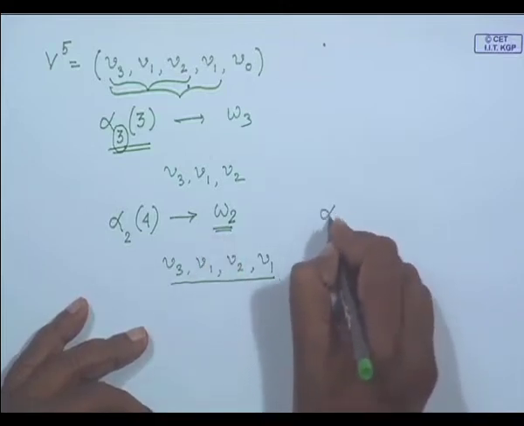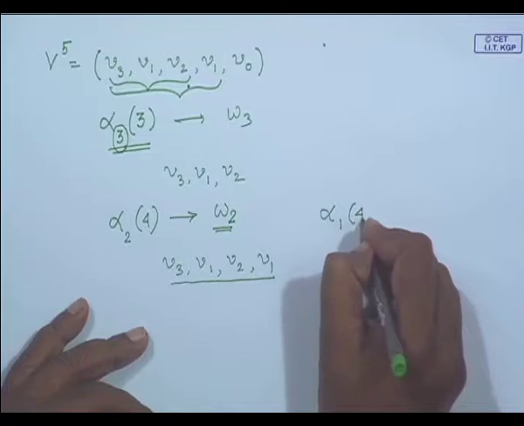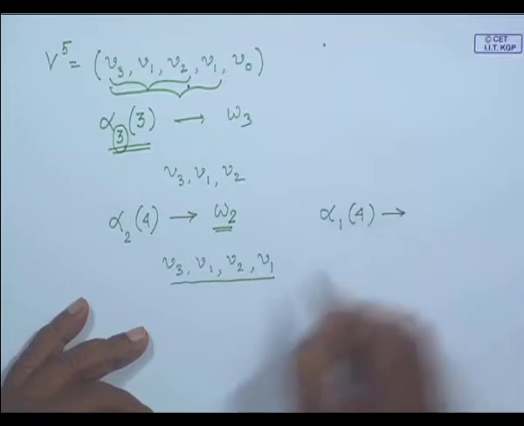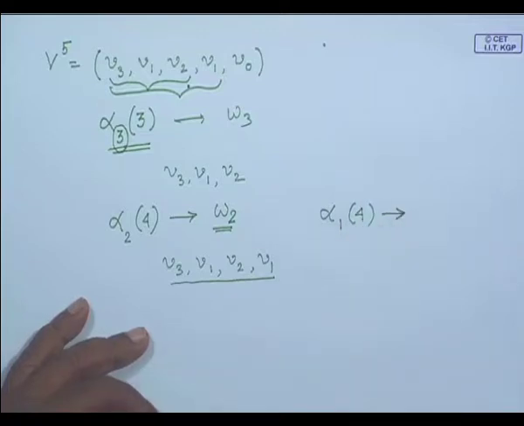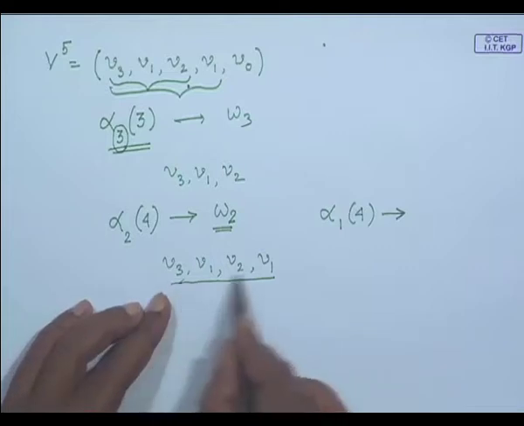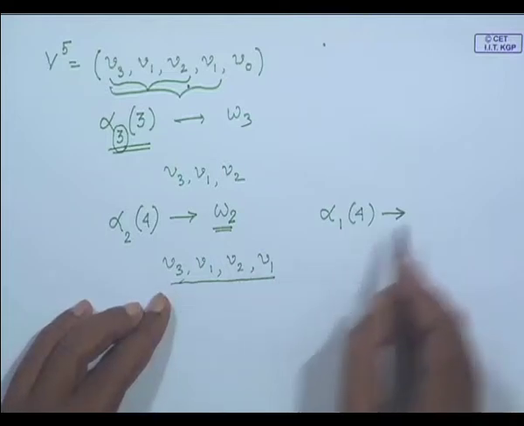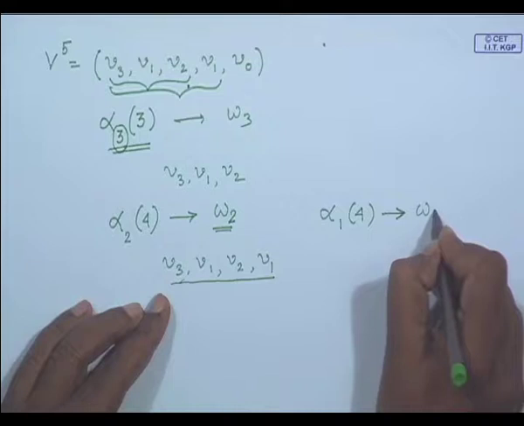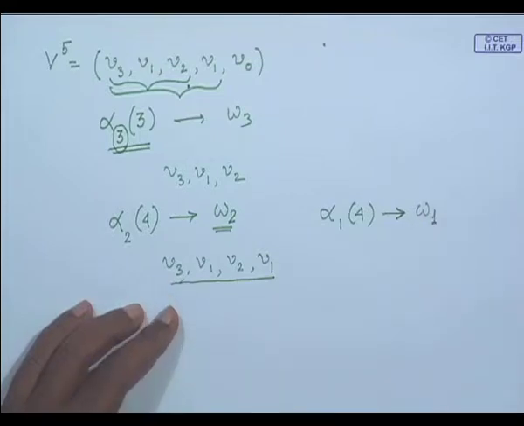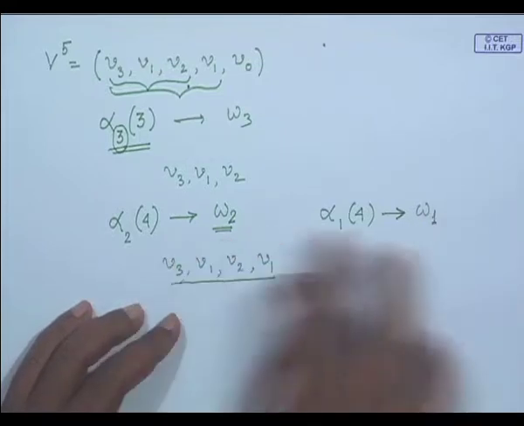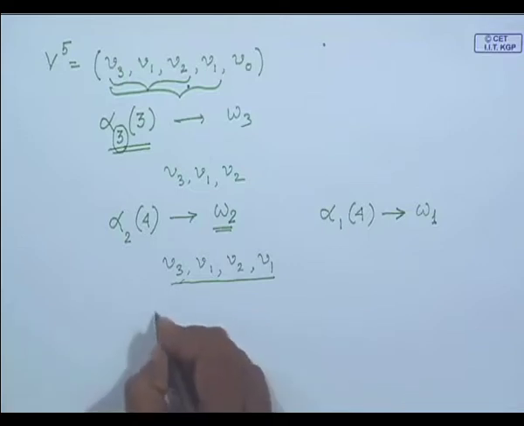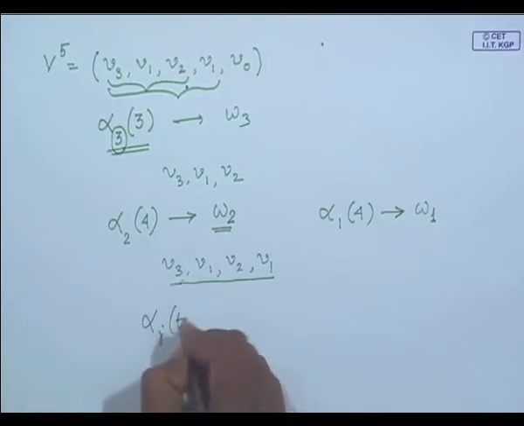Similarly, alpha 1 4 indicates that after generating these 4 symbols, what is the probability that the machine will be in state omega 1. So, this is what alpha j t means.